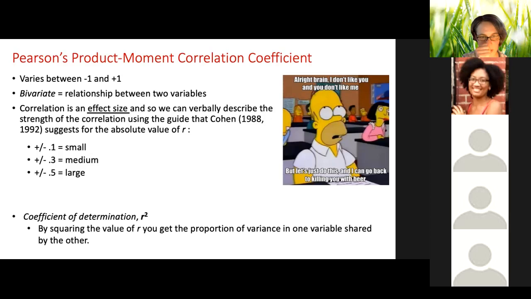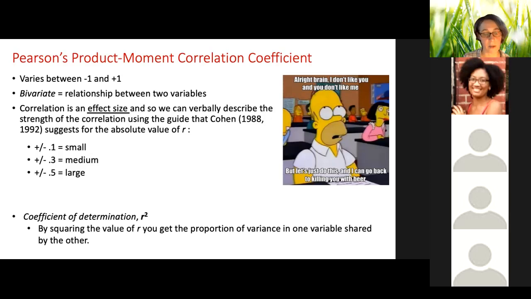You may also know, and we will talk about that at length next week when we talk about regression, that if we take the square of our correlation coefficient, we get the coefficient of determination. The R squared value gives you the proportion of variance in one variable that is shared by the other.